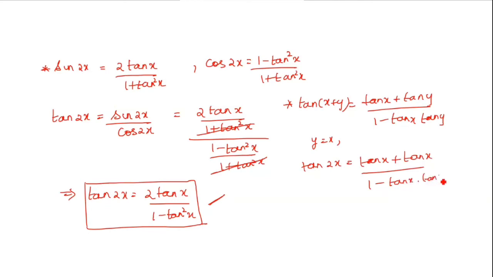So you also reached the same formula. Any one you can remember. They will not ask you to derive tan 2x, but they might ask you cos 2x, they might ask you sin 2x. Very important. So tan x plus tan x will be 2 tan x by 1 minus tan square x.